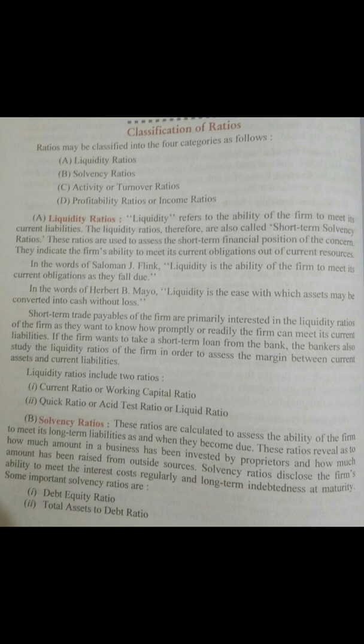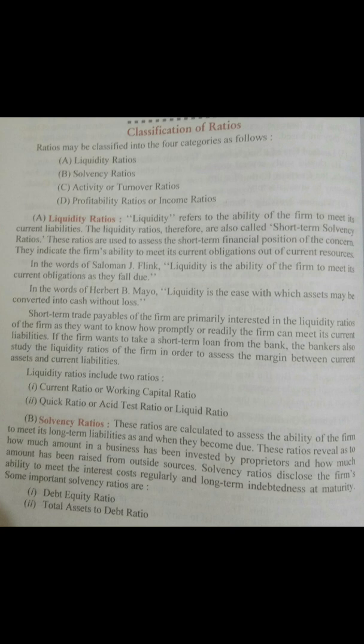And solvency ratio discloses the firm's ability to meet the interest cost regularly and long-term indebtedness at maturity. That means whatever long-term debts a company possesses, whatever the interest may appear, this solvency ratio shows the ability to pay the interest on those debts as well as to pay the principal amount of that debt at the time of maturity.